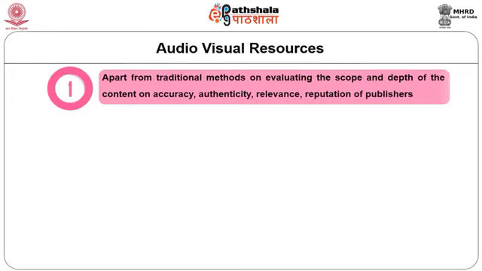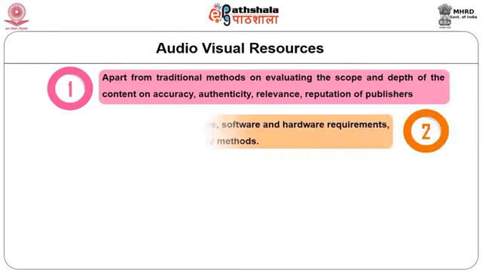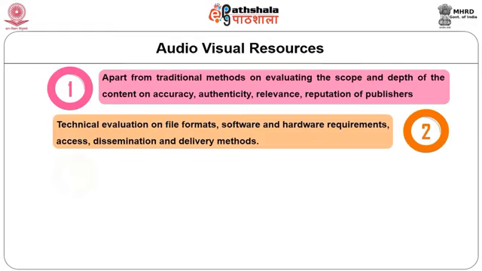Apart from the traditional methods of evaluating the scope and depth of a collection, authenticity and relevance, audiovisual resources pose a different challenge for libraries, especially in terms of file formats, software and hardware requirements, and dissemination and delivery methods. They always come with stringent copyright guidelines on access, usage and storage.